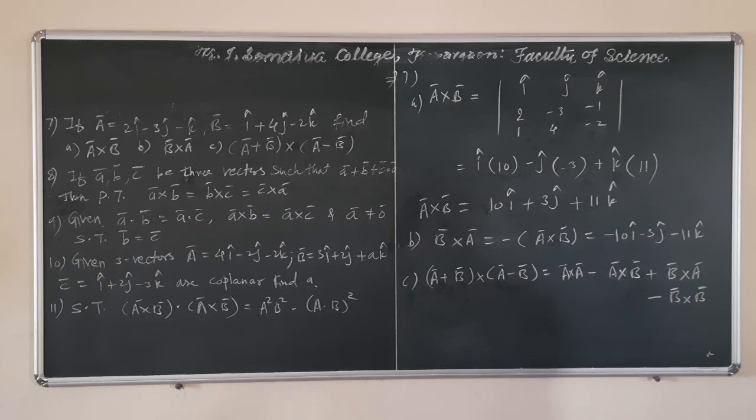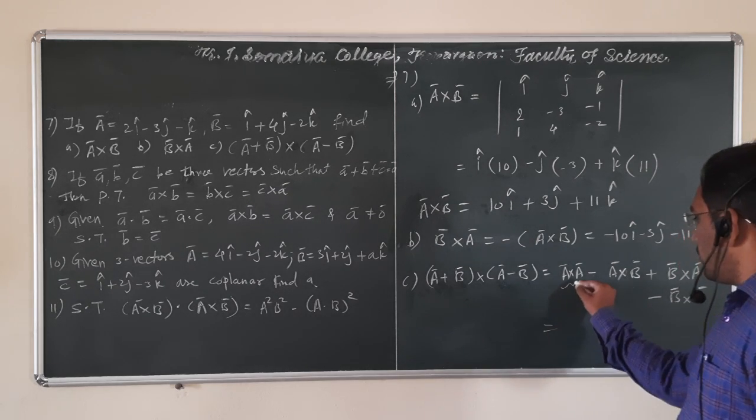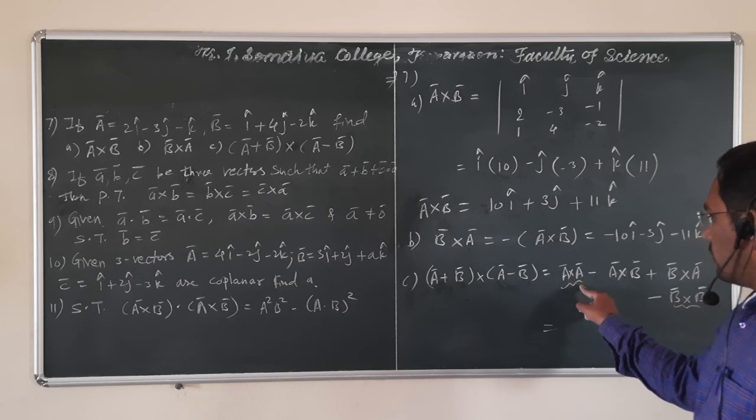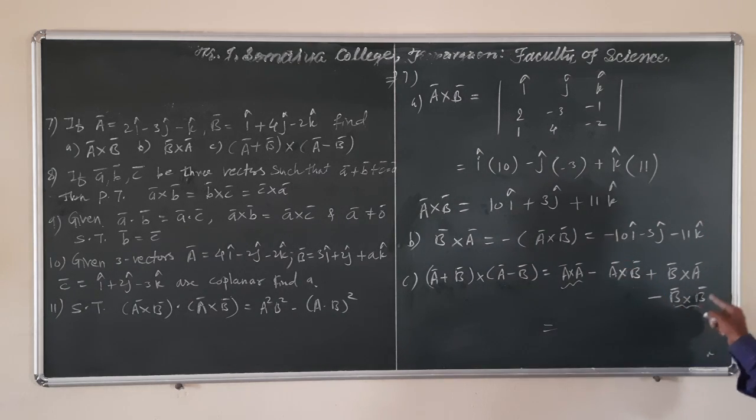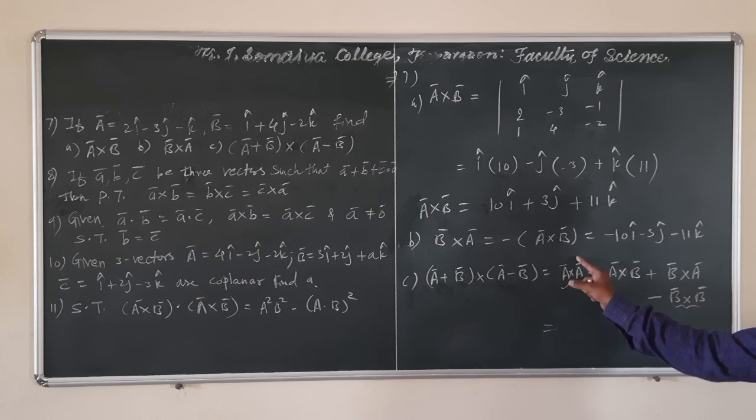Now by the property of cross product we know that A cross A is equal to 0 and B cross B is equal to 0. Why? Because these are the same vectors, and if you take the cross product with the same vector, that term is 0.